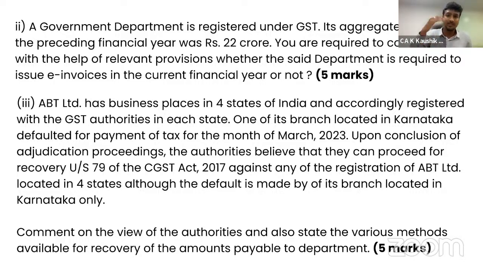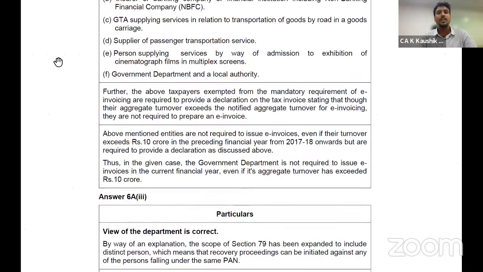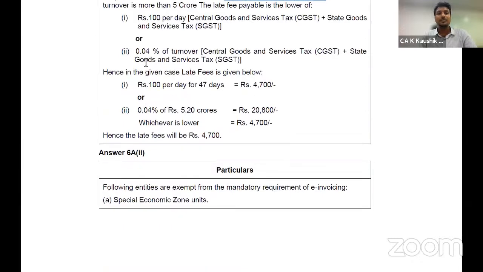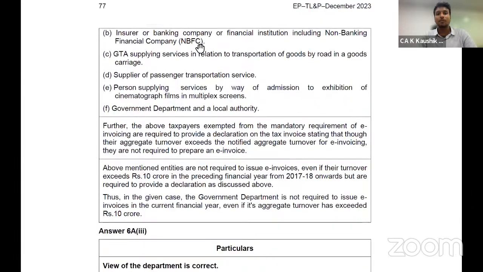Government departments and certain other persons are not required to issue e-invoices. Who are those? NBFC, Special Economic Zone units, GTA, suppliers of passenger transportation services, persons supplying services by way of admission to exhibition of cinematic films, government departments and local authorities are not required to issue e-invoices. They have been relaxed.